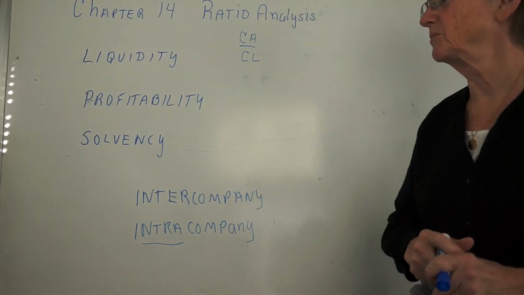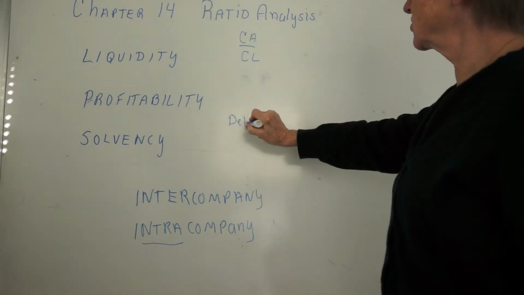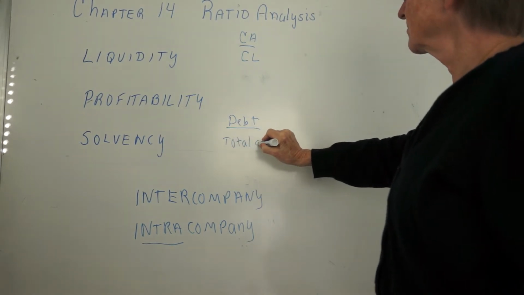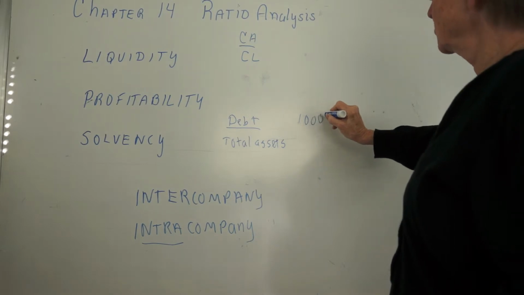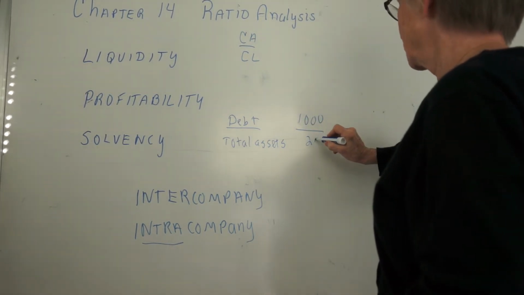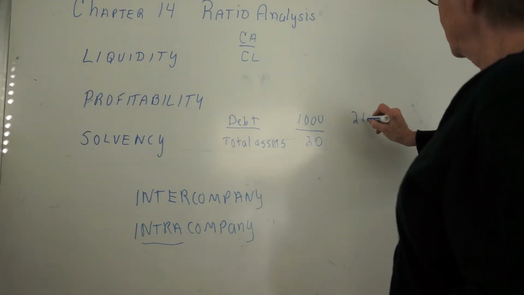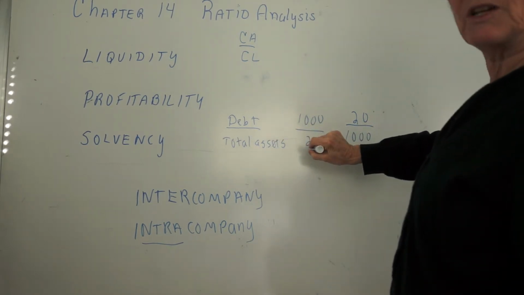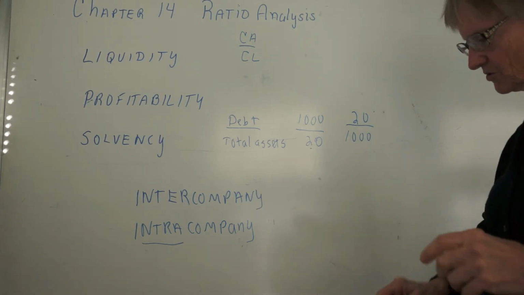There's a bunch of other ones too, but basically if you've got debt to total assets, obviously if a company has debts of 1,000 and assets of 20, that's going to be problematic, as opposed to a company that has debt of 20 and assets of 1,000. This company is going to have a hard time surviving in the long term, and maybe even the short term.